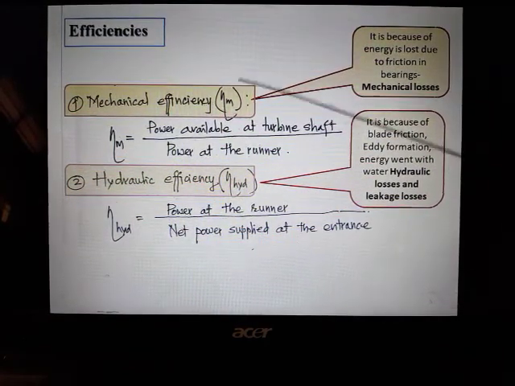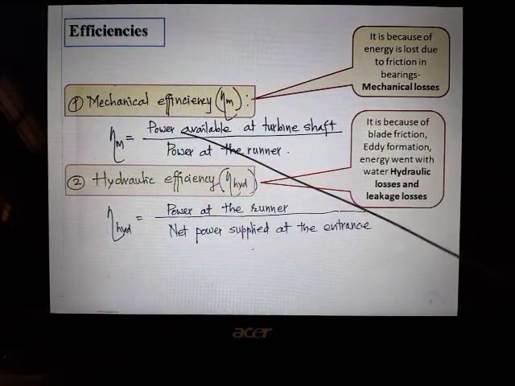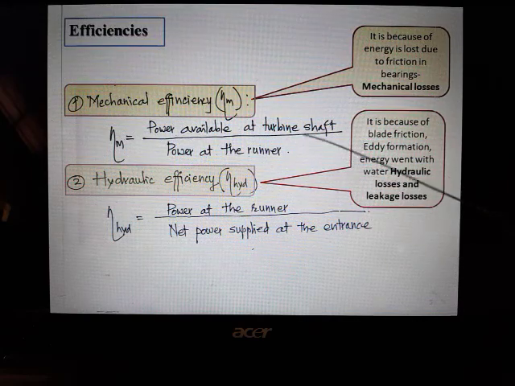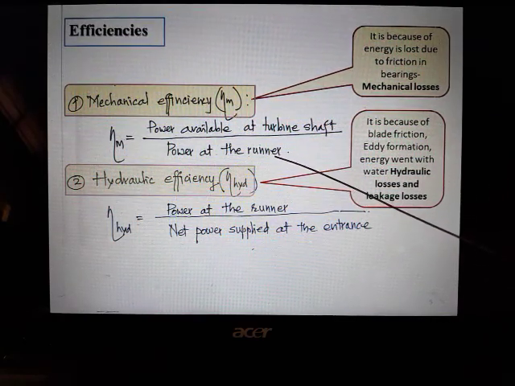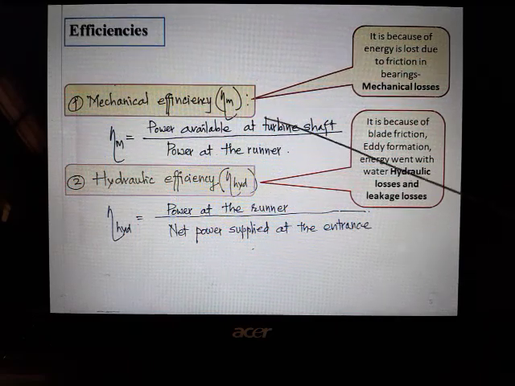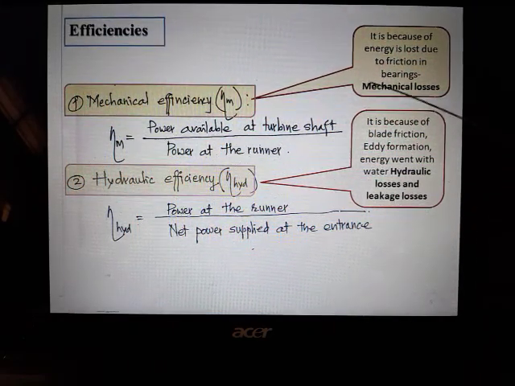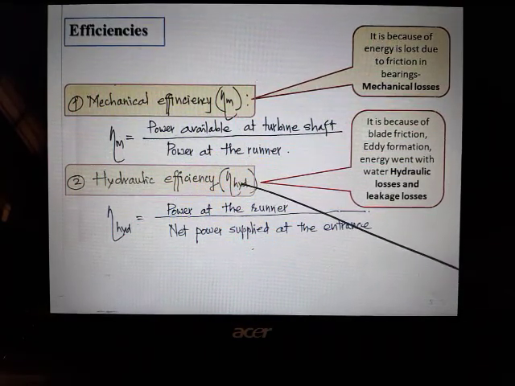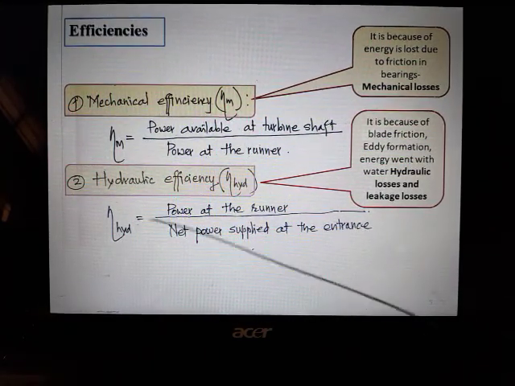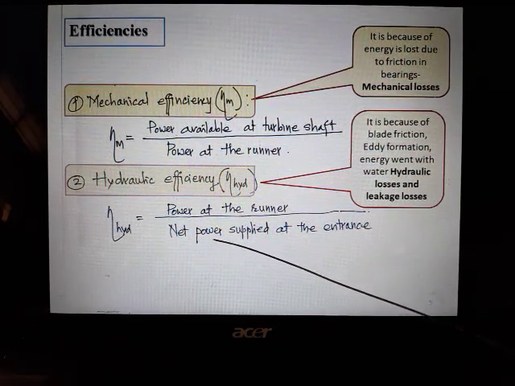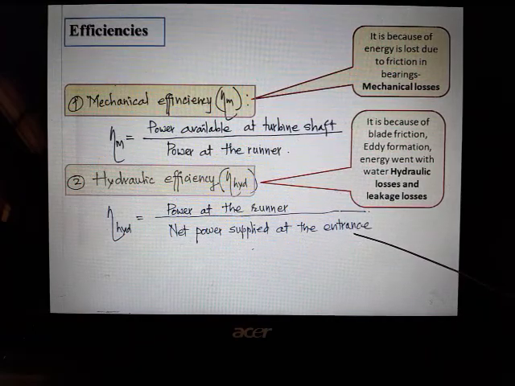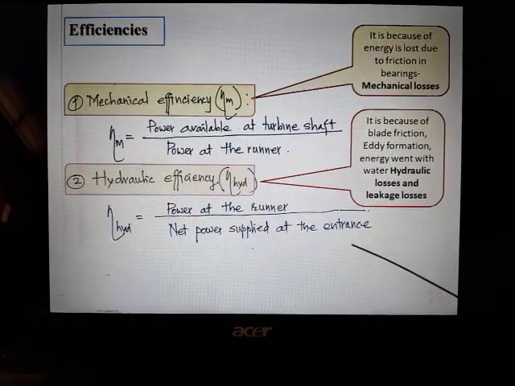Now what is meant by mechanical efficiency? It is nothing but the ratio of power available at the turbine shaft to power available at the runner. So this covers what are known as mechanical losses. Now hydraulic efficiency: the definition goes, power at the runner divided by net power supplied at the entrance.